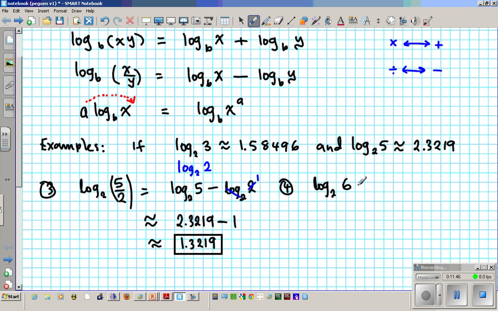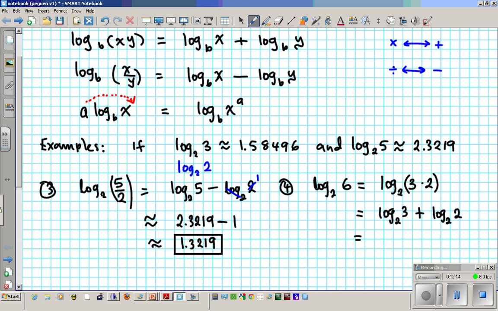So I can rewrite this as log base 2 of 3, which I know, times 2, which I know. Now we're going to transform this into the log world, which is equal to, when you multiply numbers, as this property tells us, you're adding the logs. So log base 2 of 3 plus log base 2 of 2.